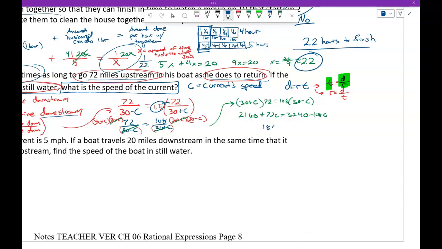We'll add and subtract to both sides. And then divide by 180. And we get the speed of the current as 6 miles per hour. So when we're going upstream, the current is slowing us down by 6 miles an hour. When we're going downstream, the current is speeding us up by 6 miles per hour.